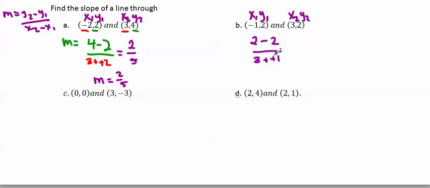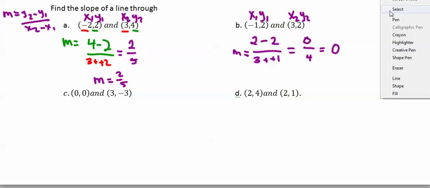So minus a negative becomes positive. Simplify as much as you can. So m is equal to 2 minus 2, which is 0, over 3 plus 1, which is 4. So my slope is 0. Okay, 0 divided by 4 is 0, so your slope is 0.